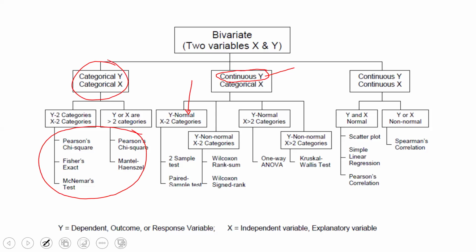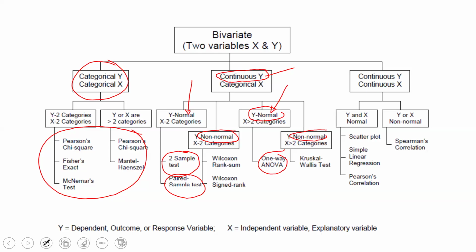You check if your Y follows a normal distribution, and you check if your Y is non-normal. So the one that has Y as normal and two groups, t-tests, both paired and two sample tests, those are parametric tests. When your Y is non-normal and you still want to do an analysis on a continuous variable, note that a variable can be continuous and not normal, and we can check for normality to know which one is ideal.